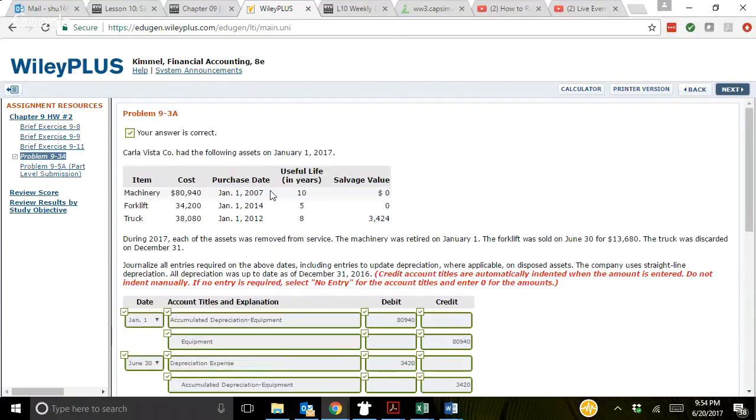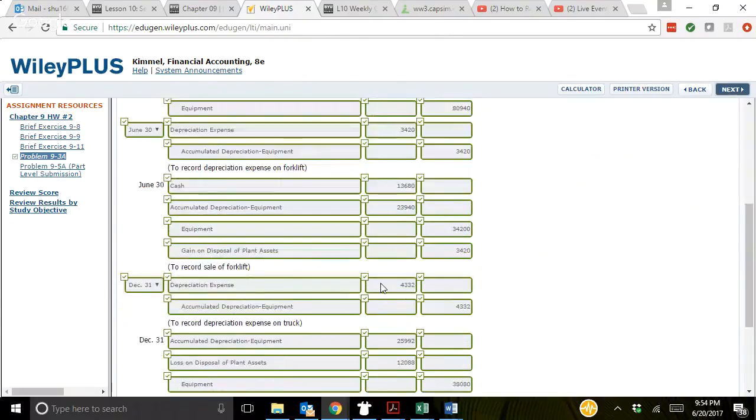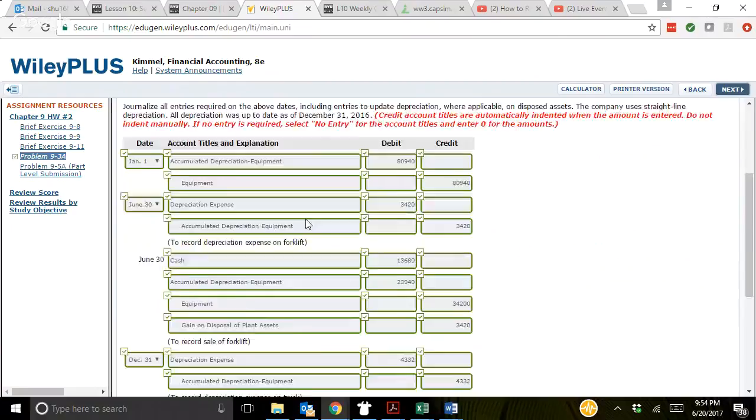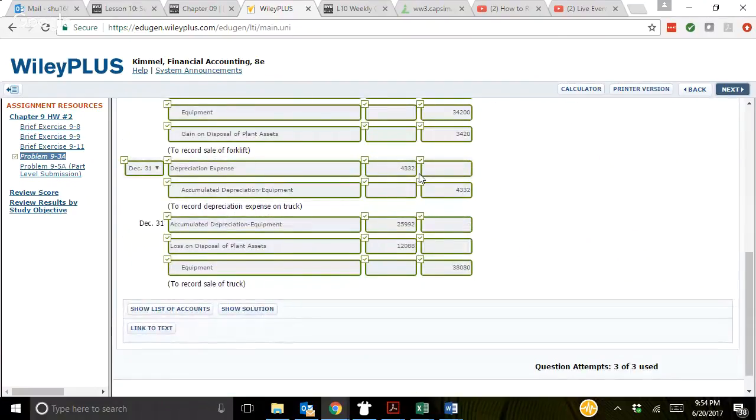We figure that out by multiplying the depreciation expense each year by 5. So we've had it for 5 years, plus what we added this year, which is $4,332. By adding those numbers together, we get 25,992.